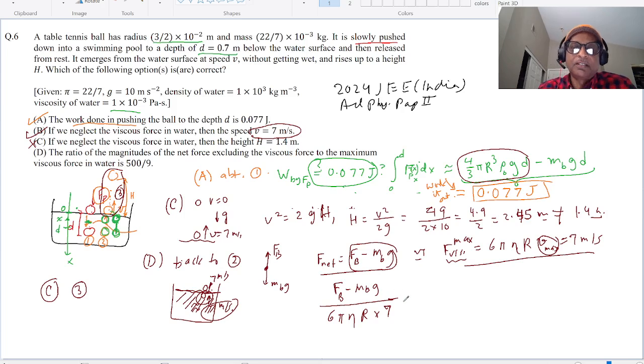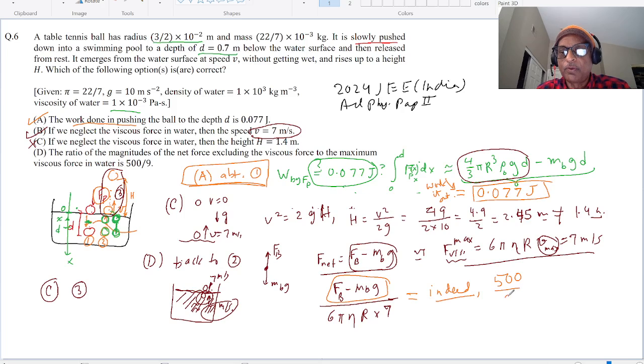You compare that, and I've done this work, and I made sure to put in the numerical value which comes from working part A. In part A, you have already worked out this numerical value, and just plug these values in, and this indeed is going to be 500 over 9. So just for the sake of saving time, I'm not working this out, but you can work out the numerical part.